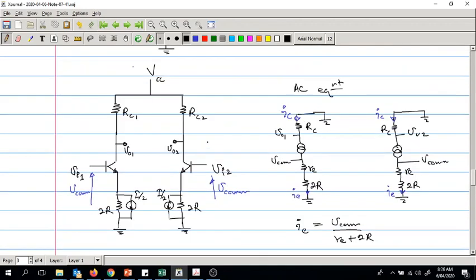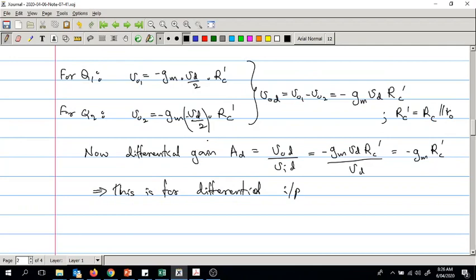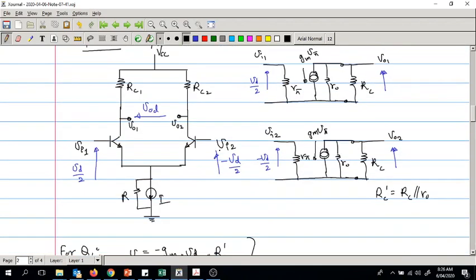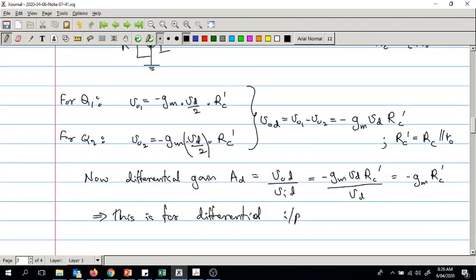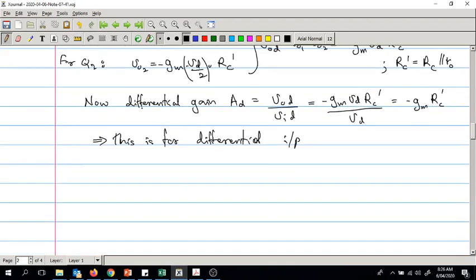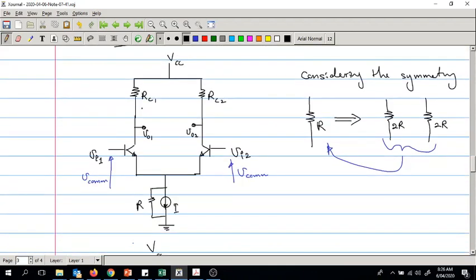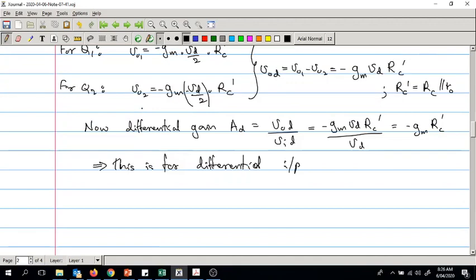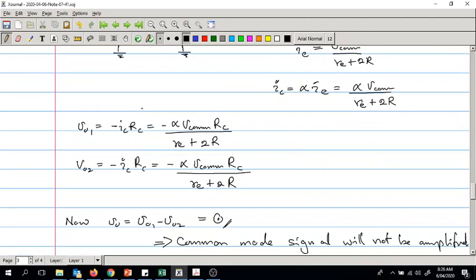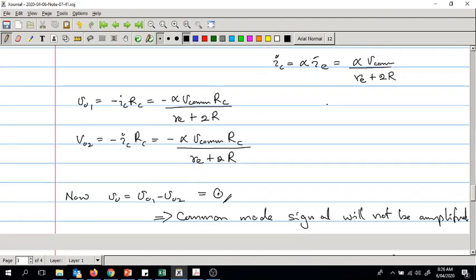So okay, not here, but I think this one, right? So in that case the gain actually is where is it? Alpha. Where do you have that? There you go, right? So this is for single ended output.